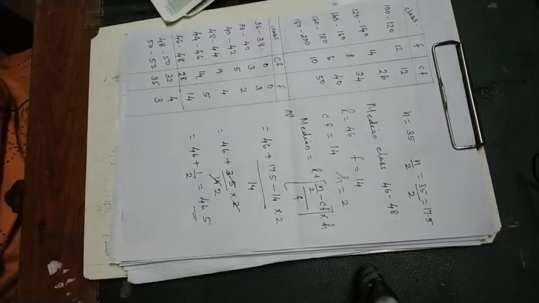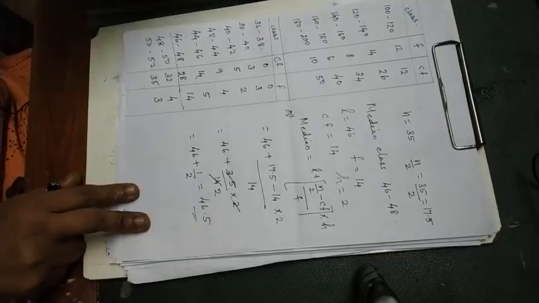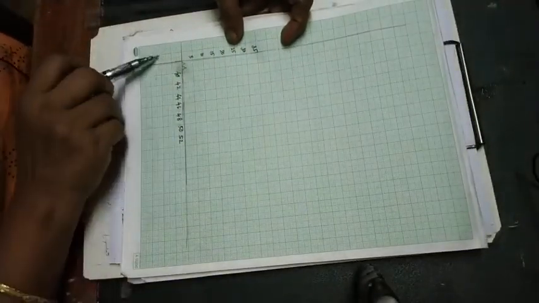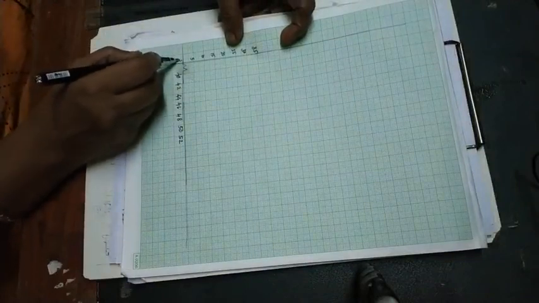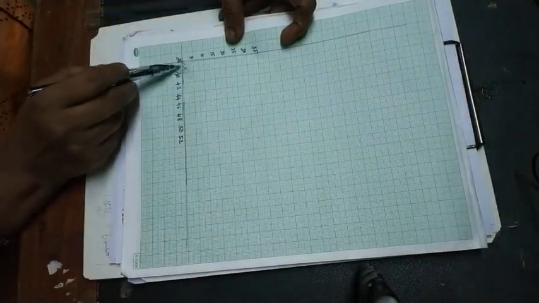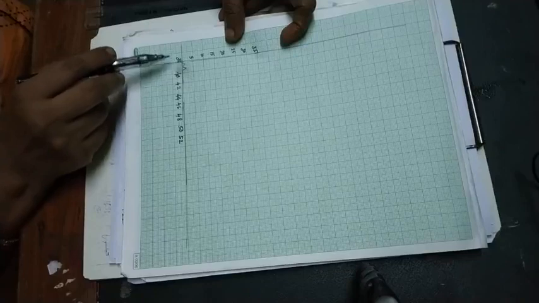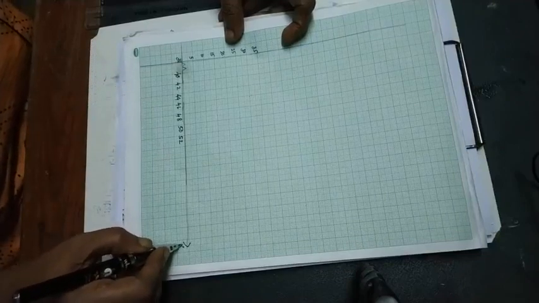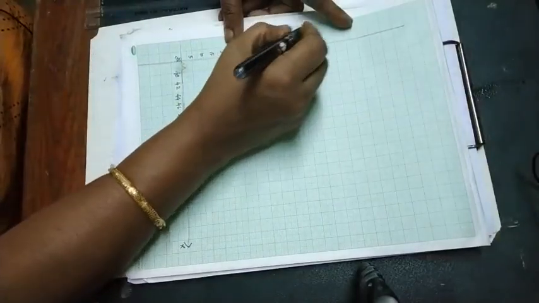Now when we are drawing that one, look at this one, I have started with 40, that is a broken axis only, so 40, 42 like that. Here it is the x-axis, y-axis.